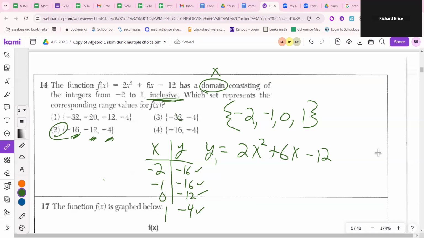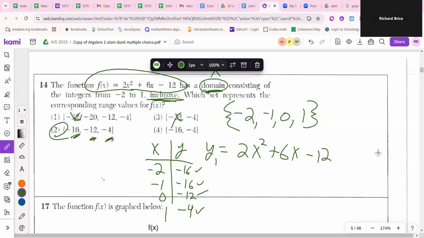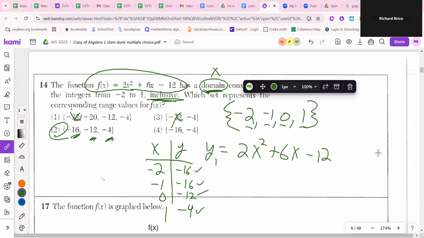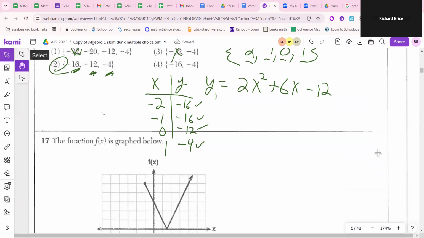So I could cross off choice number 1 and 3 because they have an extra number in there, -32. To summarize again, I went to y equals, I plugged in the function, I knew the domain was the x values. I only looked at the table for -2, -1, 0, and 1. I looked for the y values. I don't write down anything that repeats.